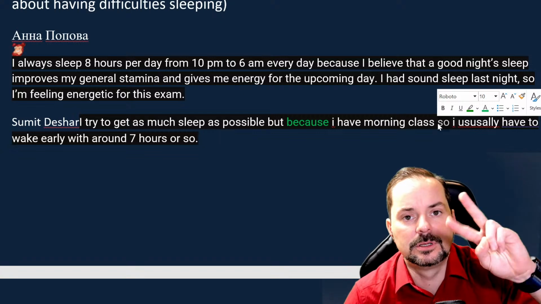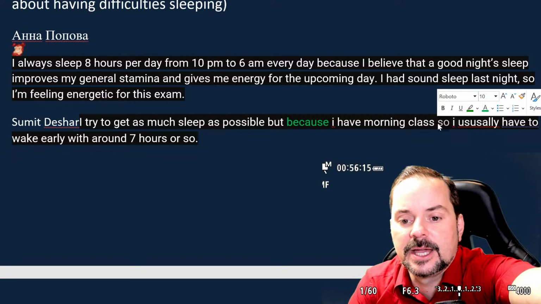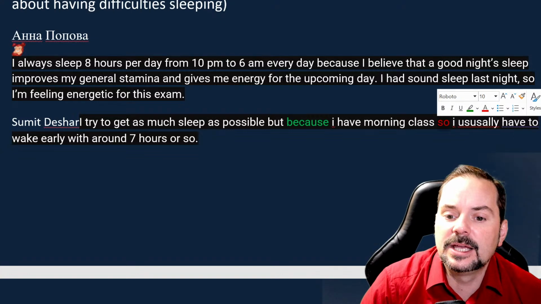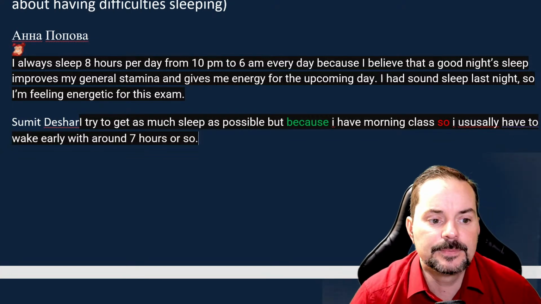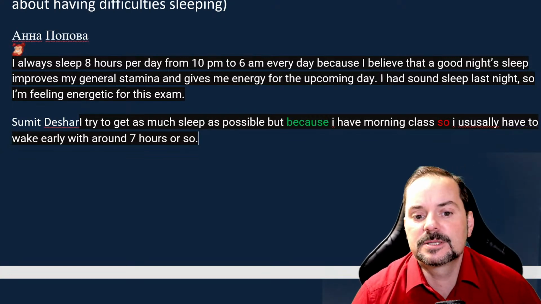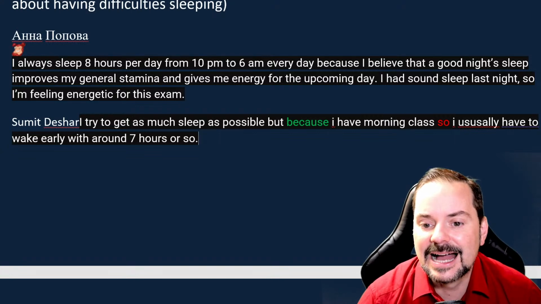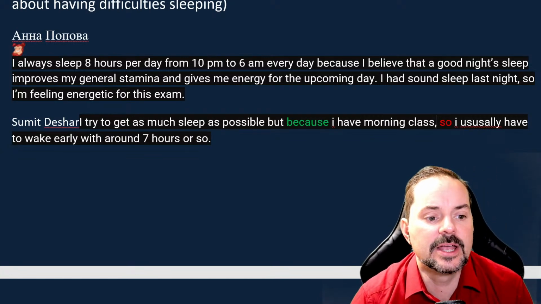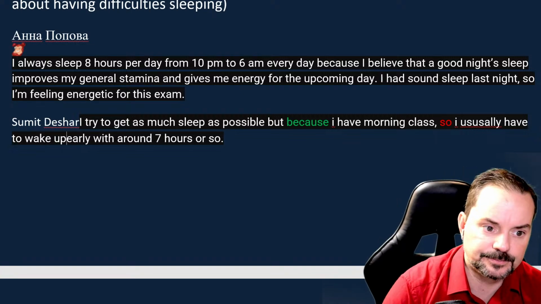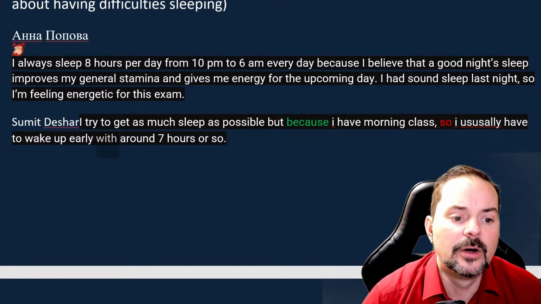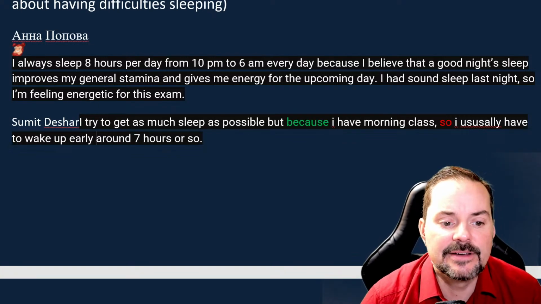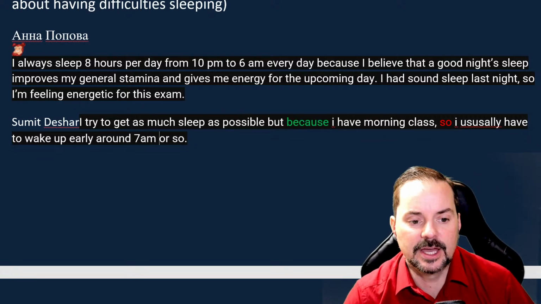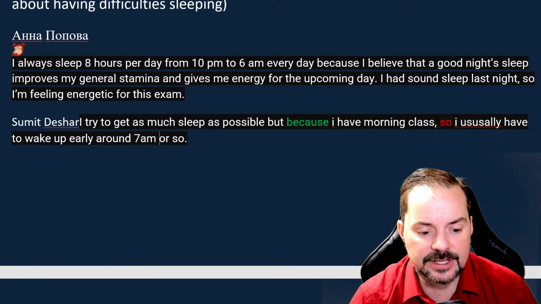Careful with the double connectives. They make language really awkward. So this one should be omitted. So I try to get as much sleep as possible, but because I have morning class, I usually have to wake up early around 7 a.m. or so. Okay, that's your accurate answer.